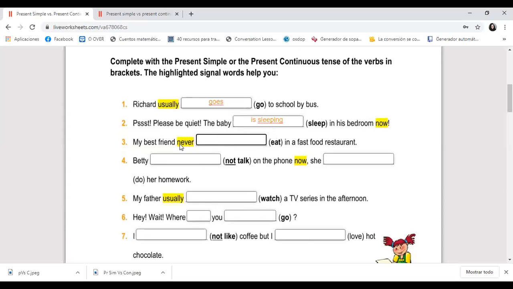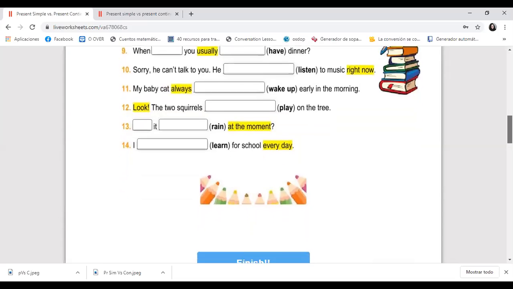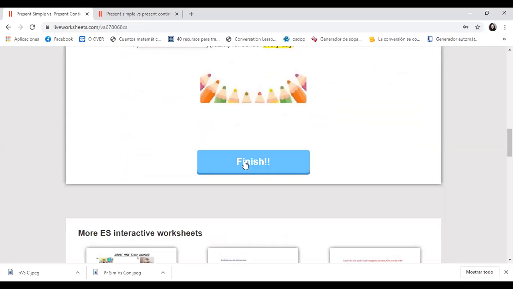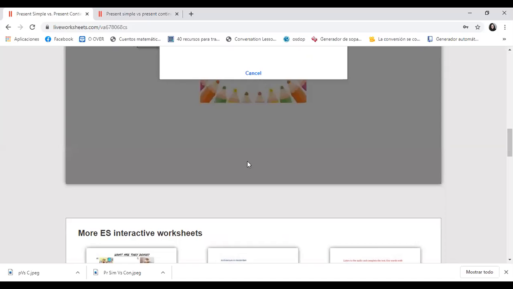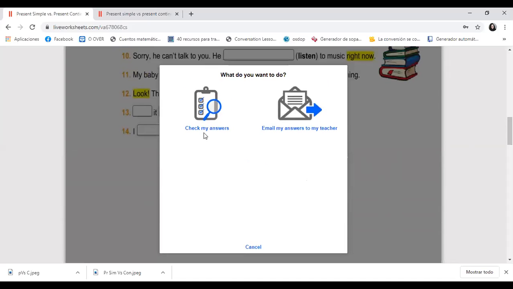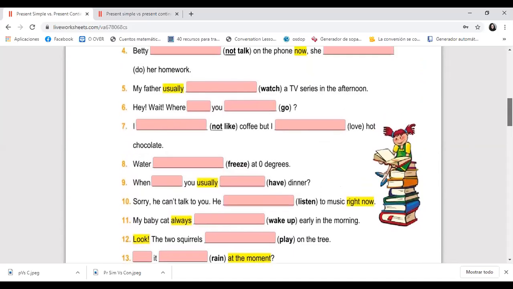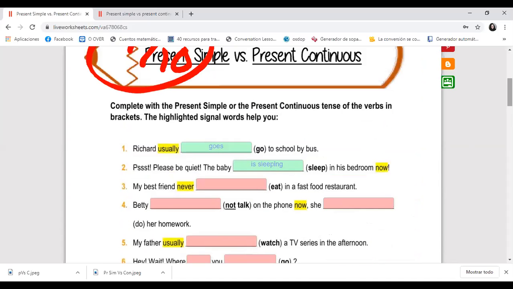Pay attention. Here you have never, here you have now, usually. You're going to do all these sentences. And when you finish, you can click here in check my answers, and you have the activity corrected.